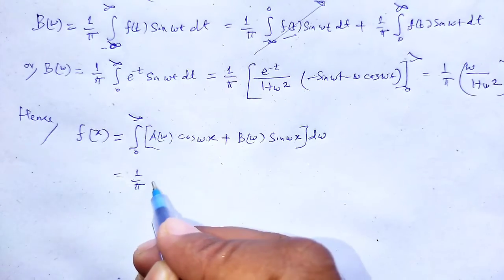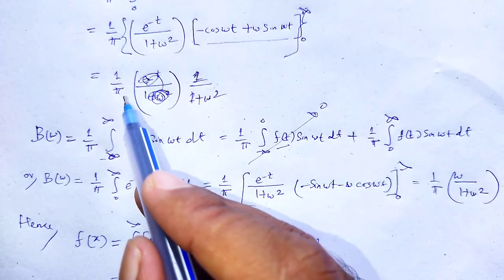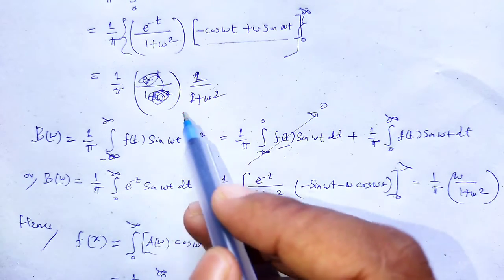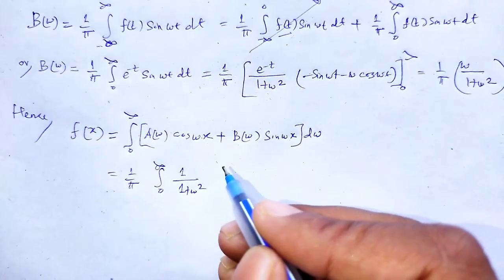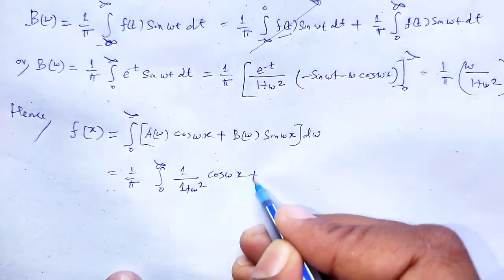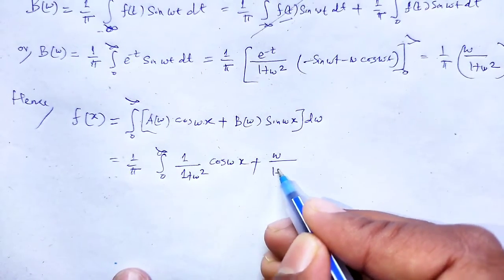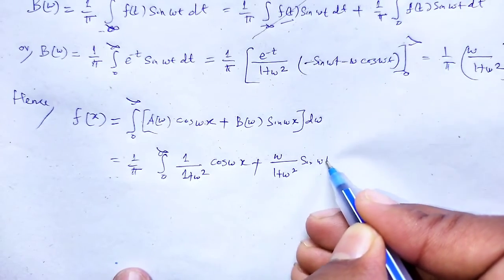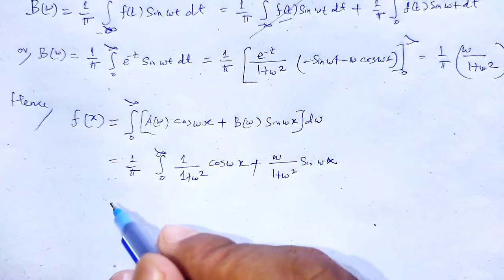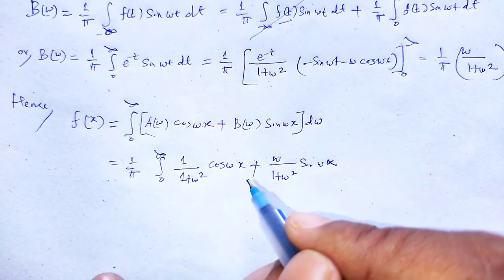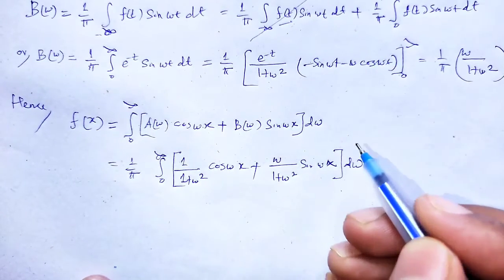So, 1 by pi integration from 0 to infinity of 1 divided by 1 plus omega square cos omega x plus omega divided by 1 plus omega square sin omega x, with 1 by pi common outside the bracket, d omega.